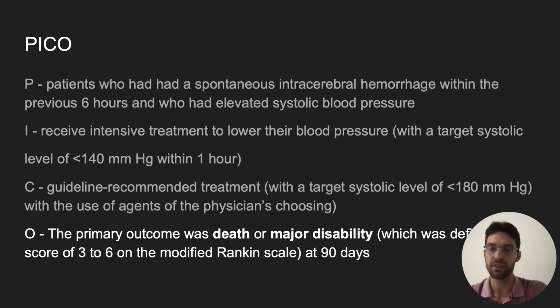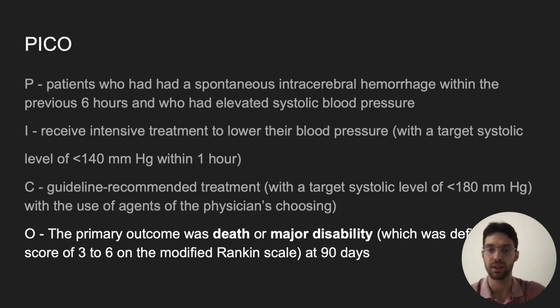So the P stands for population. Who is the population studied? It included patients who had a spontaneous intracerebral hemorrhage within the previous 6 hours and who had elevated systolic blood pressure. The intervention group received an intensive treatment to lower their blood pressure.